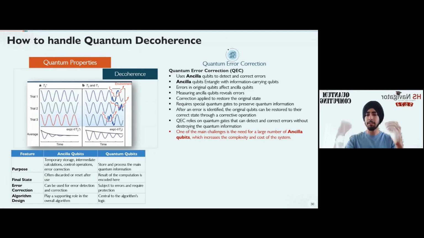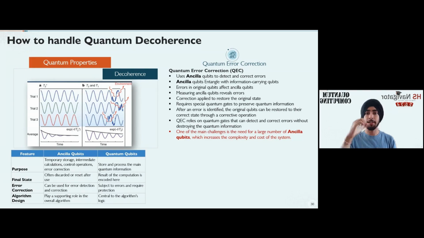We have this ancilla qubit over here that we entangle with this information-carrying one. Let's say this is supposed to be both a 0 and a 1, but it goes through decoherence and it's observed and it loses that capability. Since these two are entangled, any errors in the original qubit will affect this ancilla qubit that we've added. And we can always measure this ancilla qubit to reveal which errors occurred and how they occurred.